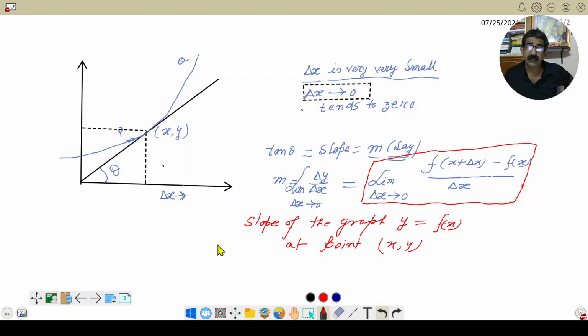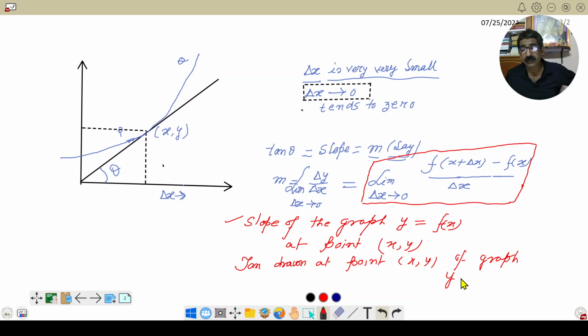So geometrically, in the language of algebra, this is called the slope of the graph y is equal to f of x at point x comma y, and in the language of geometry, that is known as the tangent drawn at point x comma y of graph y is equal to f of x.